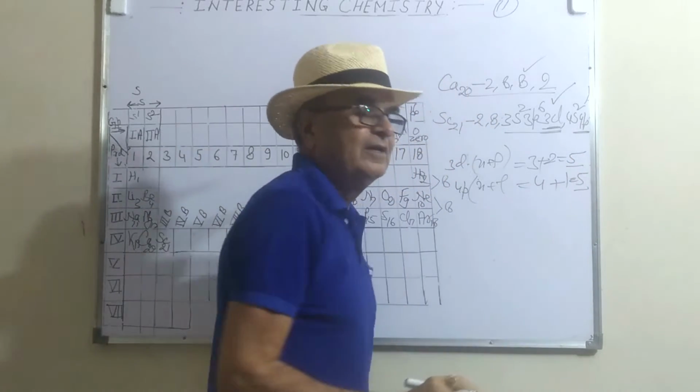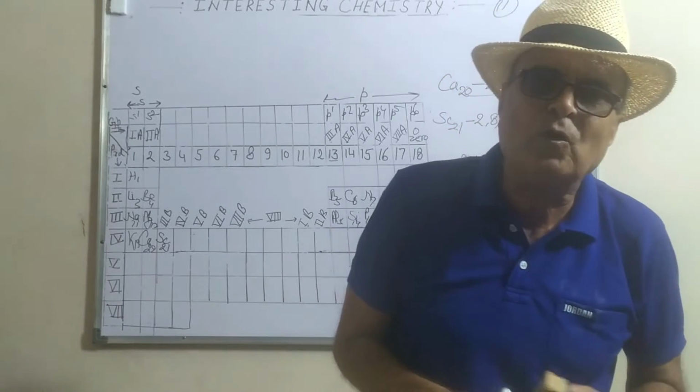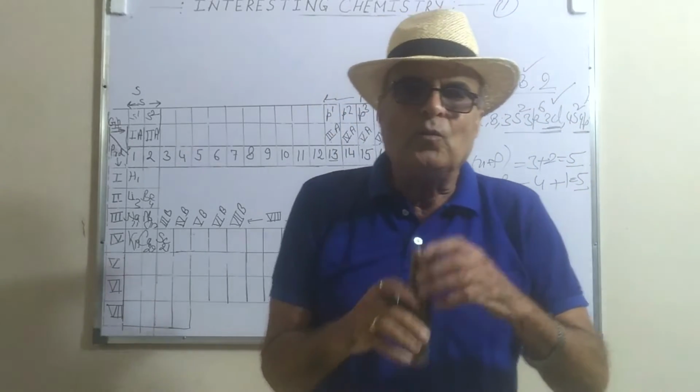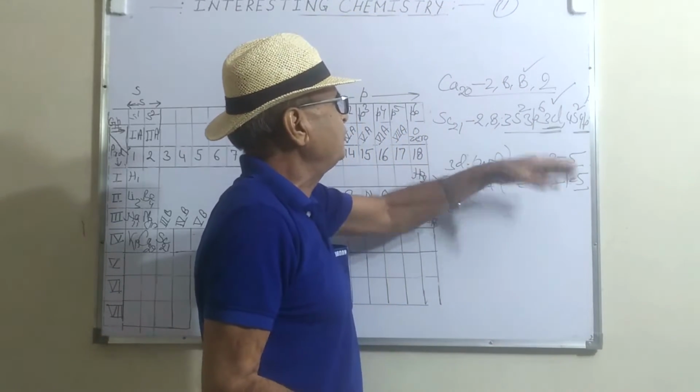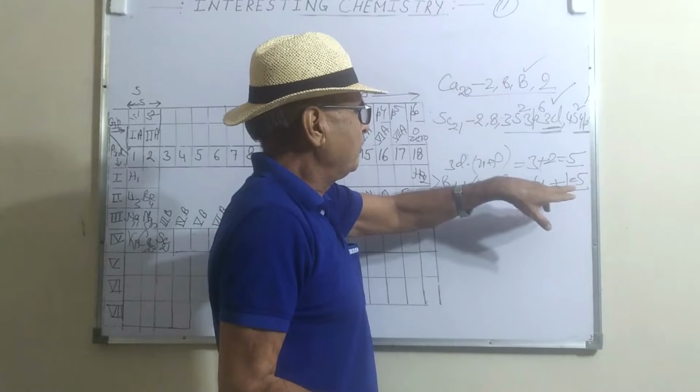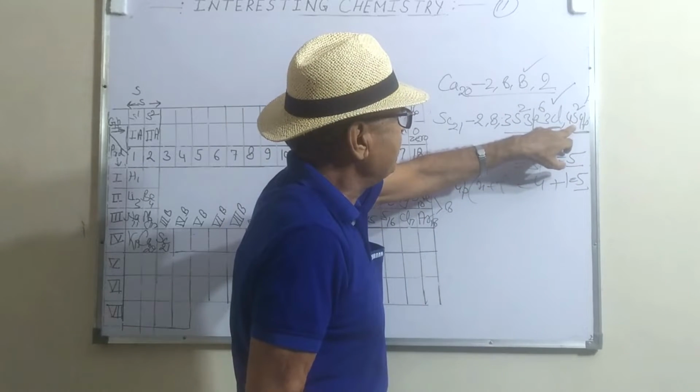In the previous case, the value of 4s was lower than 3d because the value of 3d was 5 and the value of n plus l for 4s is 4. So the electron occupied the 4s.